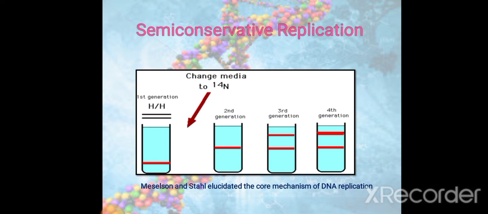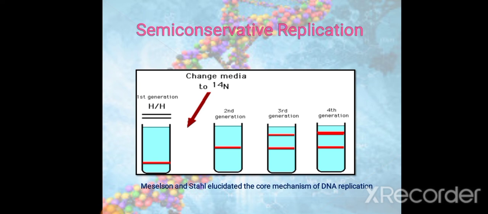So all of these results prove that the DNA must be replicated by the semi-conservative mode, within which the double stranded DNA double helix at the time of replication gets separated, and each single strand from this parental strand acts as a template strand, on which there is synthesis of the new strand, and then this parental DNA combines with the newly synthesized strand and forms the DNA double helix.